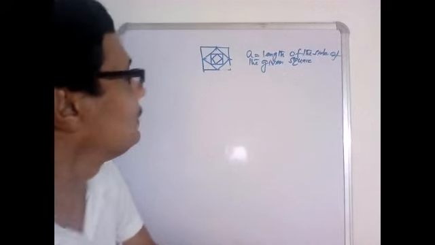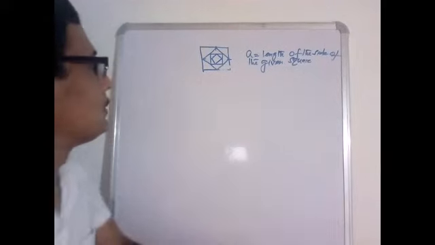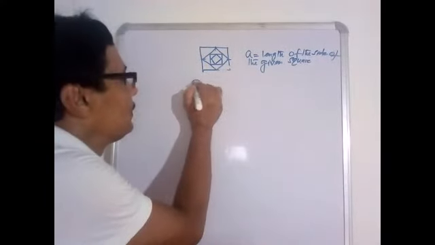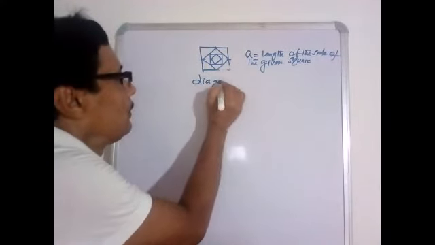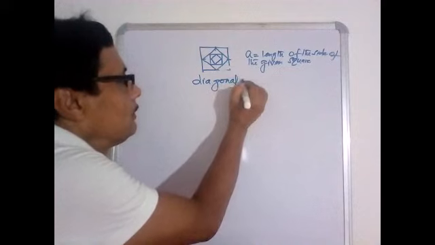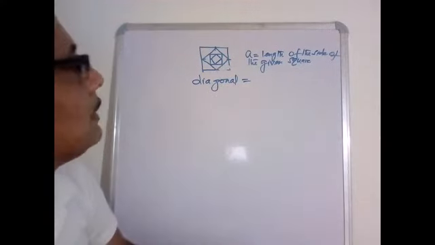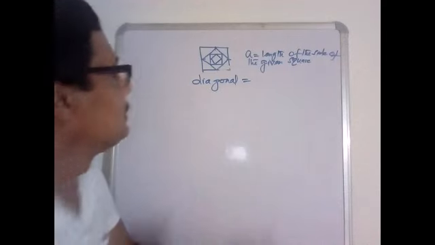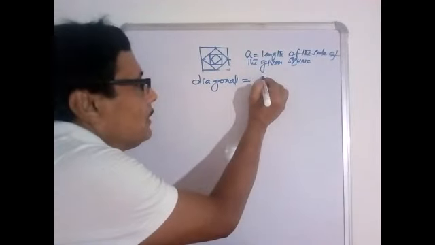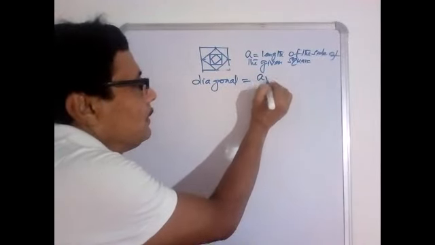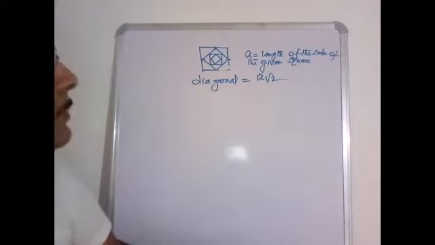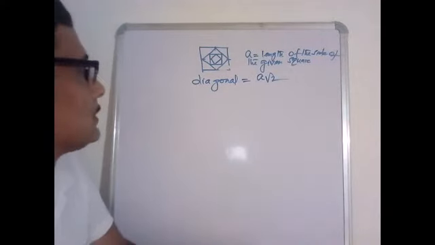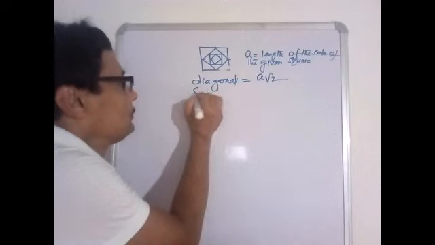Here, the length of the diagonal is A into √2.